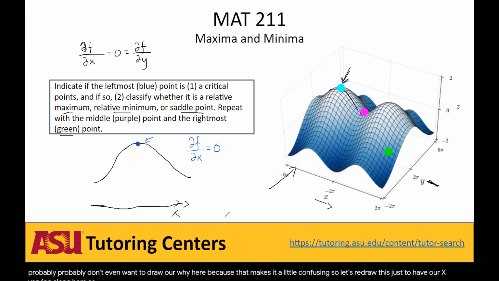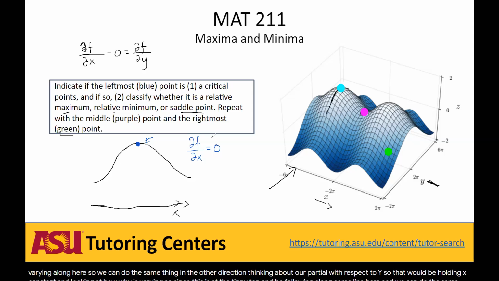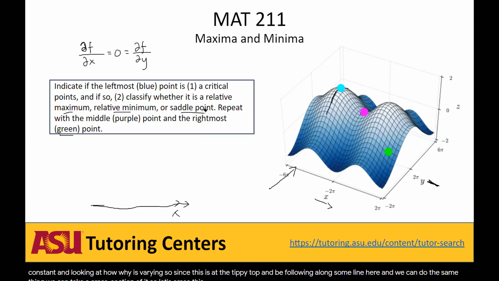We can do the same thing in the other direction, thinking about our partial with respect to y. That would be holding x constant and looking at how y is varying. Since this is at the tippy top, it'd be following along some line here, and we can take a cross section of it. It'd be a little steeper, it looks like, but it'd be up here again.